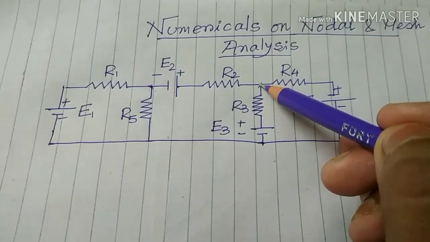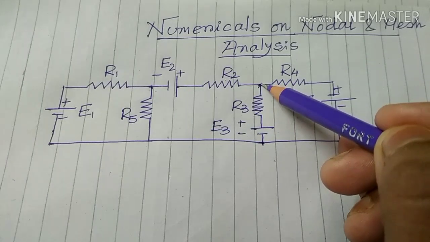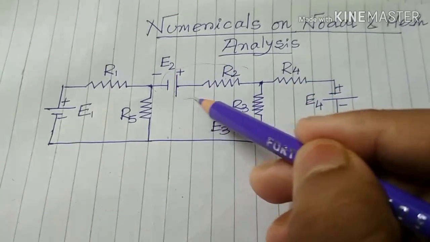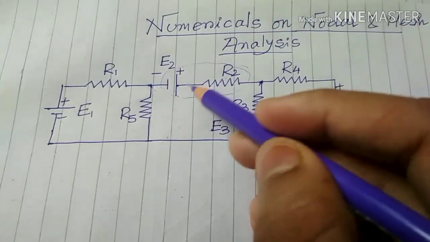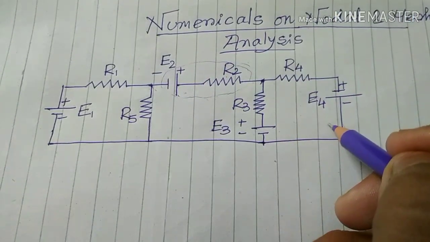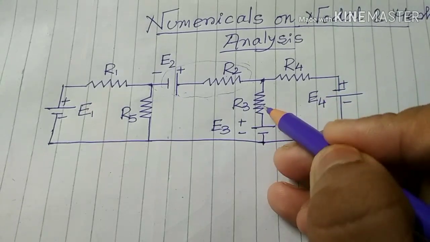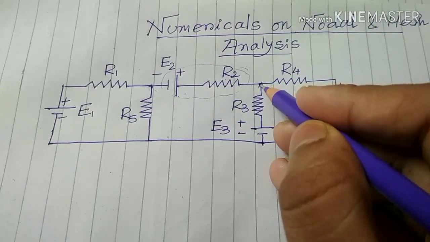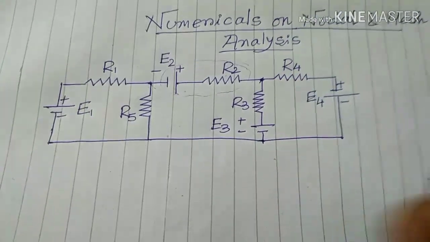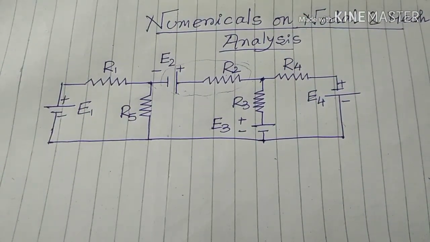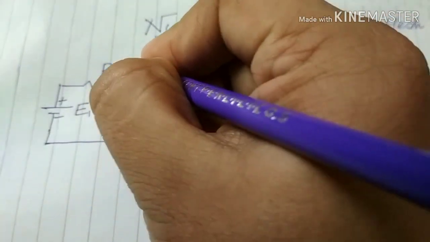This is also a node, because on its right-hand side there are also electrical elements, and this is also an electrical element, and this too. So at this point, three electrical elements are connected. So these 2 points are called nodes.